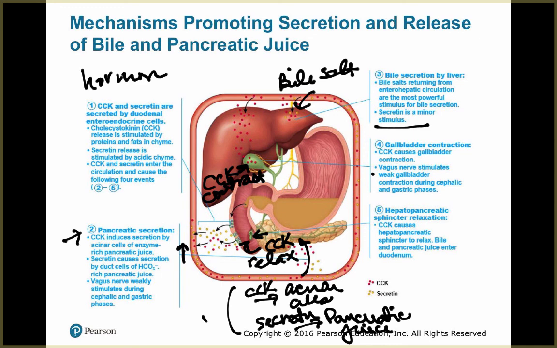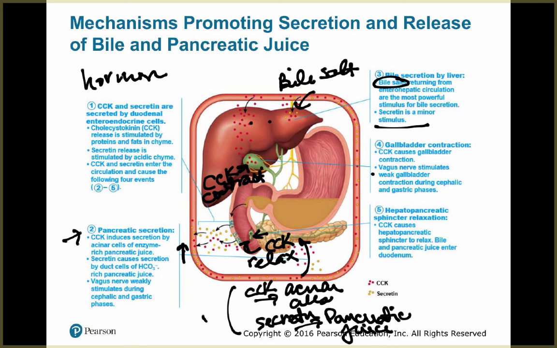Once that happens, basically for bile, you'll see some of this CCK coming into the liver is more important here. But for bile secretion, the most powerful part of it is the returning of bile salts, right? And then you'll see the gallbladder contracts to release it due to CCK. And then basically the sphincter will relax because of CCK.